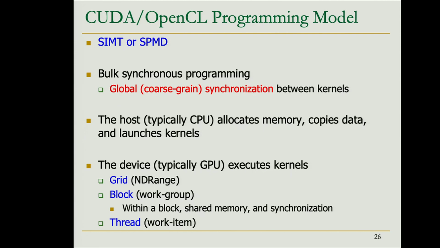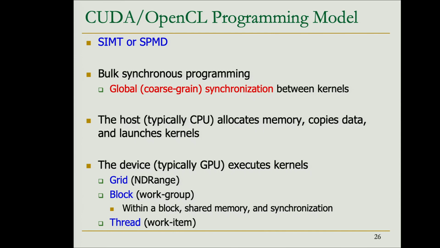Here you have, in blue, the CUDA term. In parentheses, you have the OpenCL term. They mean exactly the same thing. When we talk about a grid, we talk about the whole number of blocks that run a kernel. And when we talk about a block, it's a certain number of threads that are going to run inside the same GPU core.